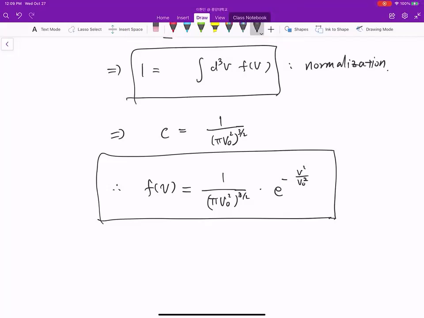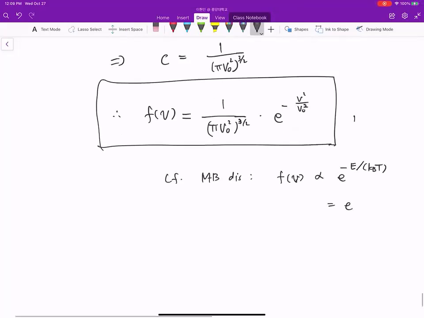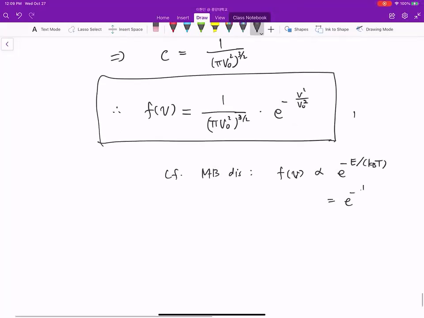It's very interesting, but here the V0 you can compare to the Maxwell-Boltzmann distribution with temperature. The phase space distribution is proportional to e to the minus E over KT. If you ignore the interaction, then E is the kinetic energy.